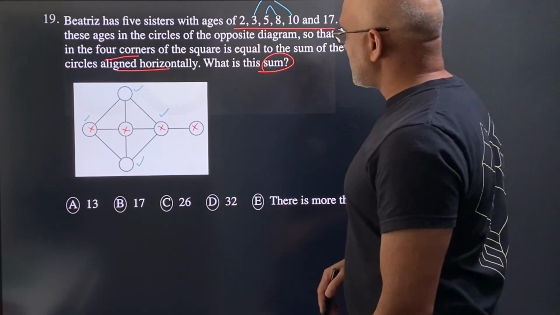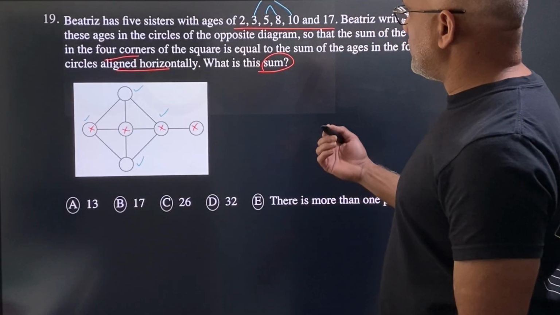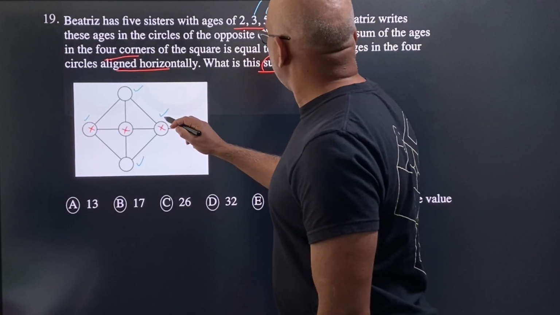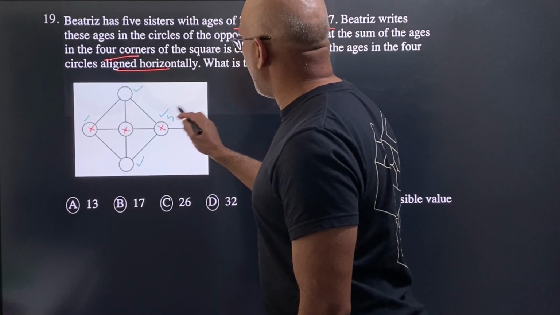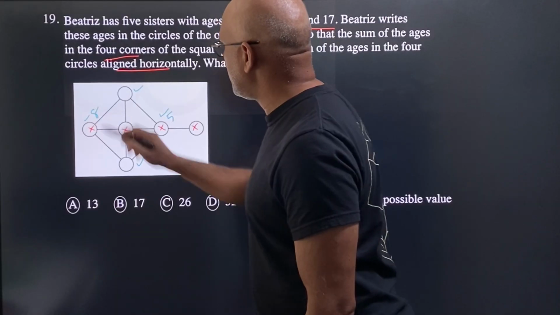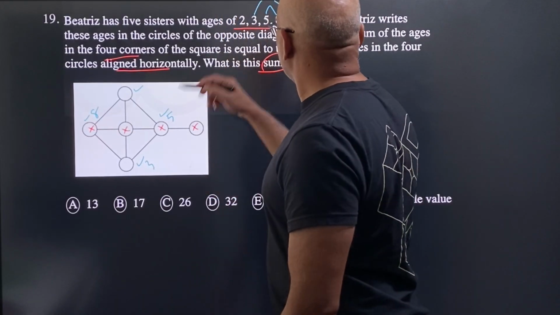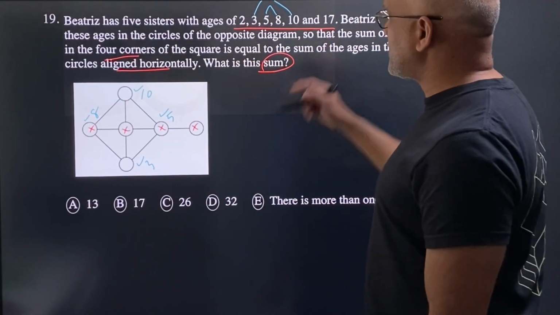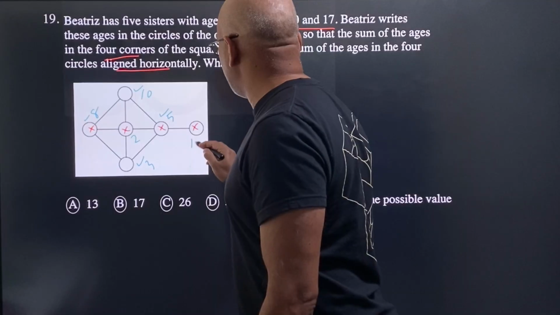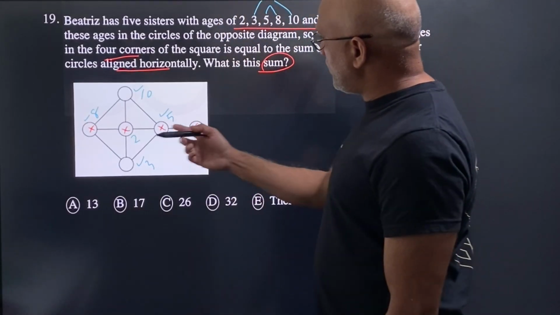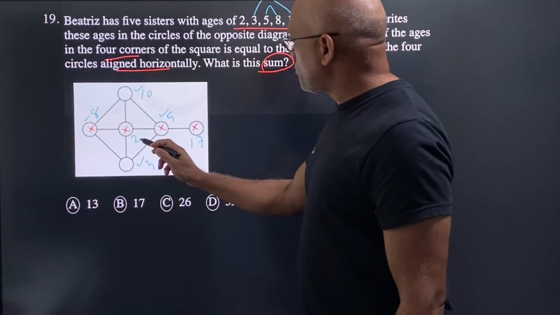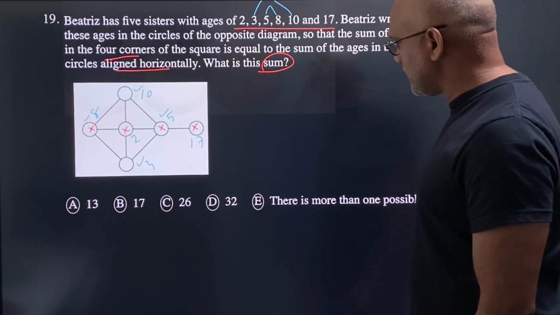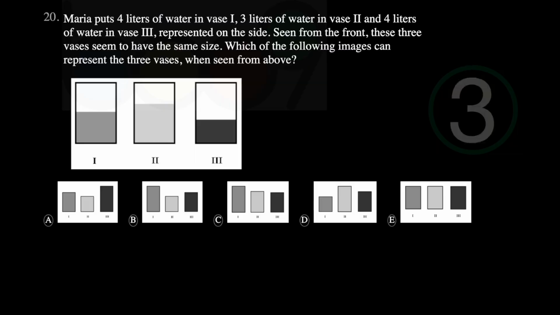So that means this can be 5 and 8. This can be 3 and 10. The remaining numbers, 2 and 17 has to go here. So the sum is that 8 plus 2 is 10, plus 5 is 15, plus 17 is 32. D is the correct choice.